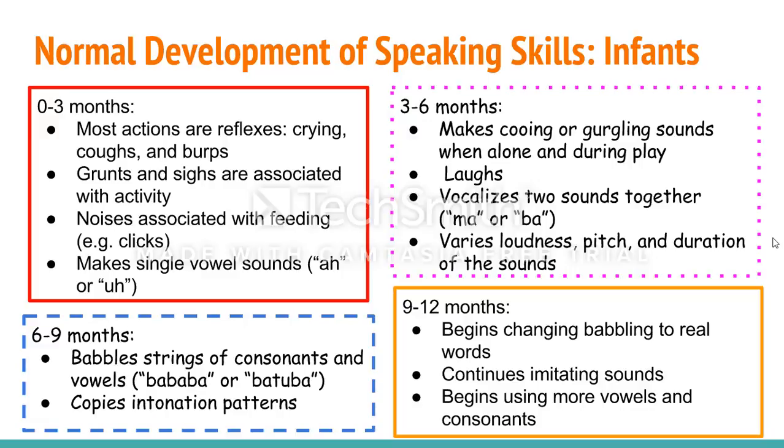At first, this usually takes the form of a consonant and vowel. These strings of sounds get more complex as the child steadily ages. From 9 to 12 months, your baby begins changing babbling to real words, and they will continue imitating sounds and begin using more vowels and consonants.